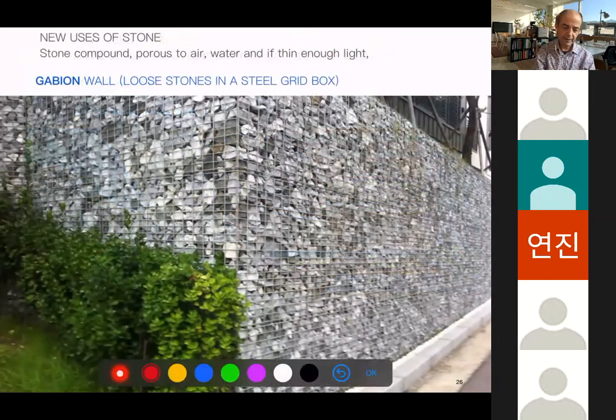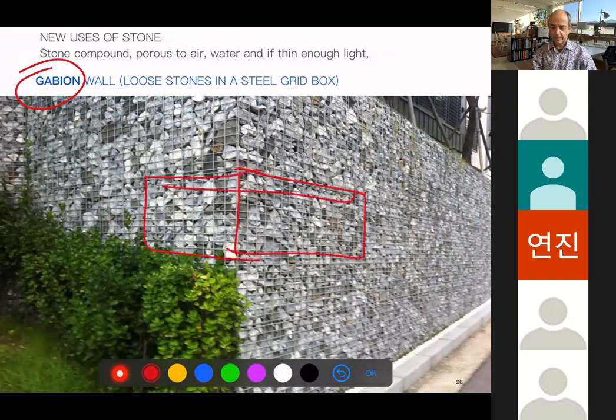And of course, you know, gabion walls became very trendy in the 1990s, late 90s. It's just stones inside of a steel grid box. So they are heavy, but since there's space between the stones, if you make it thin, you can have still some light going through. Of course, air can go through, and water, of course, filters, so you don't retain water.